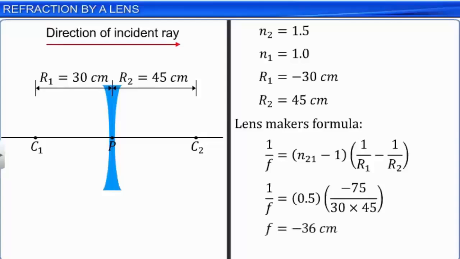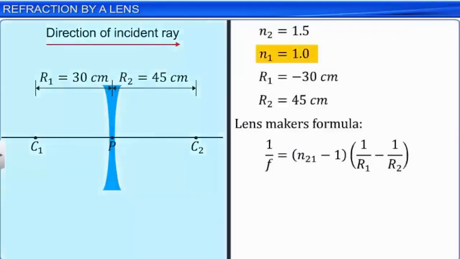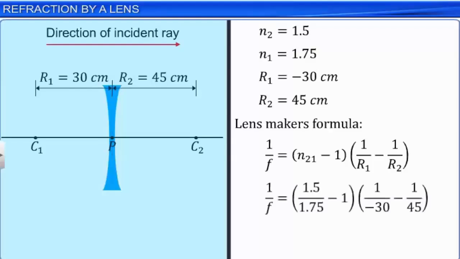Substituting these values in the lens maker's formula, and on further simplification, we get F is equal to 126 cm. Note that the focal length is positive. This means that a double concave lens placed in a denser medium acts as a converging lens.